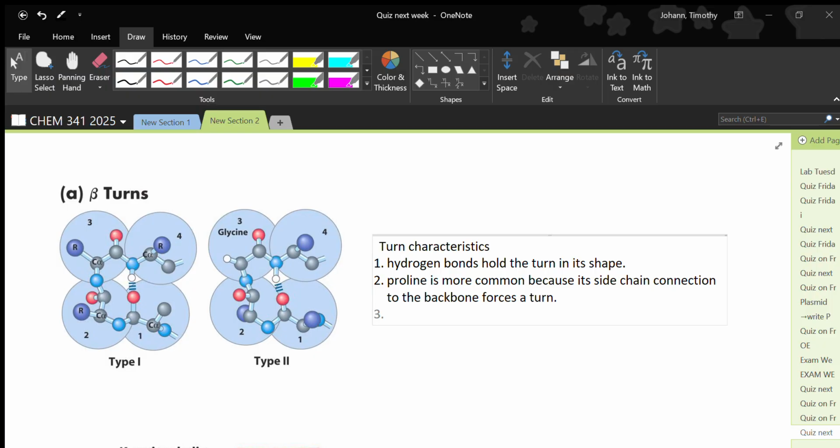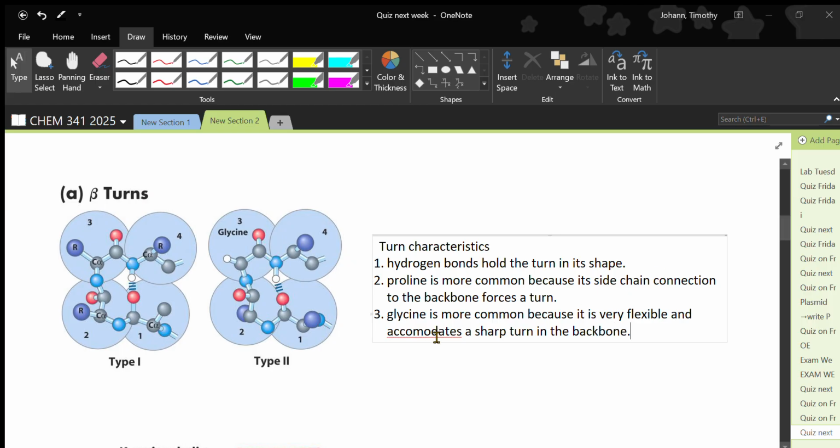And glycine's more common because it's super flexible, so it accommodates the turn better. Okay, so that's turns. We're not going to say a whole lot more about them.